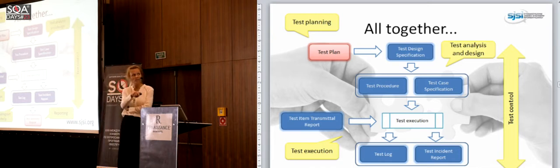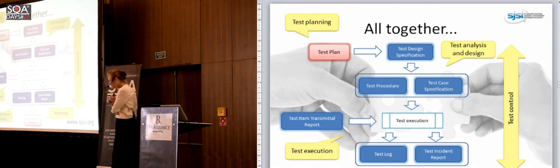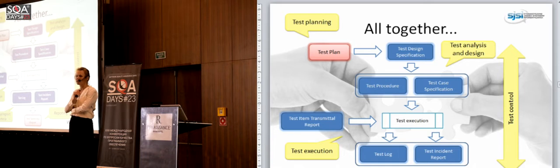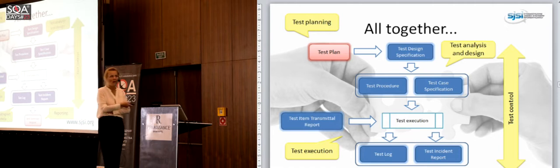What else? Test control. At every step here, you need to have some ways, some means for controlling your progress, to be able to say, for example, if we do not have any delays, if there is no risk that can impact the testing schedule or the delivery dates or the quality of your results.